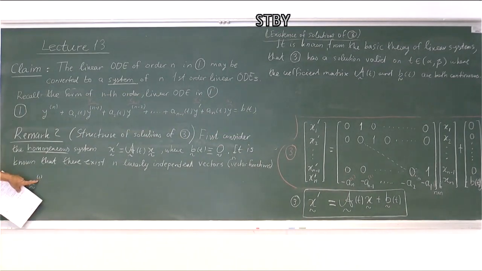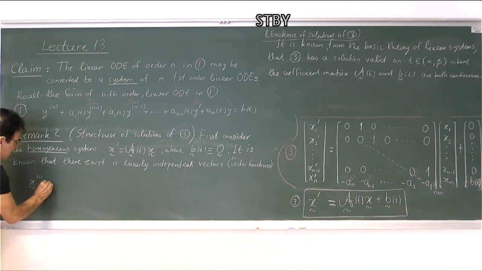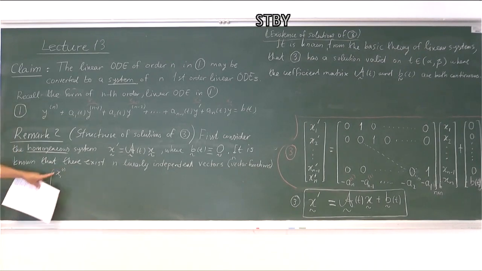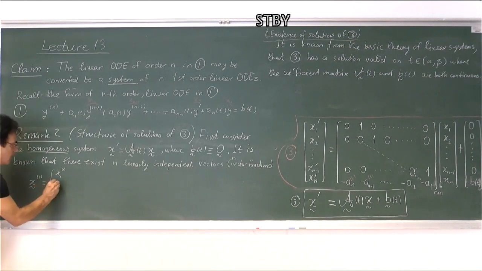Okay? This is not the derivative. This is a matter of notation. This is the first vector function, denoted by this. This is a vector, so the first component is x1, the first component of the first vector function.